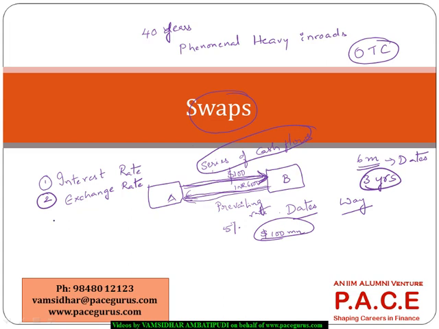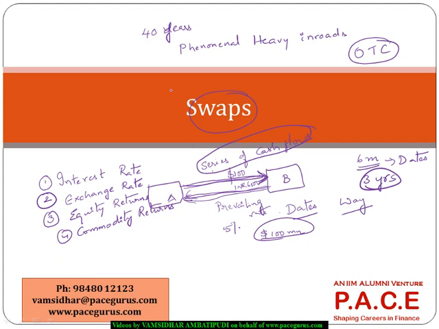Though various other things are there, equity returns or probably commodity returns. There are so many such instruments where the cash flows on one reference is paid to the other party, and cash flows on some other reference is received from the other party. So this is how a swap contract gets constructed.